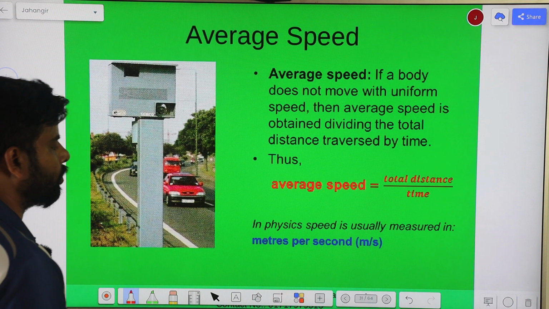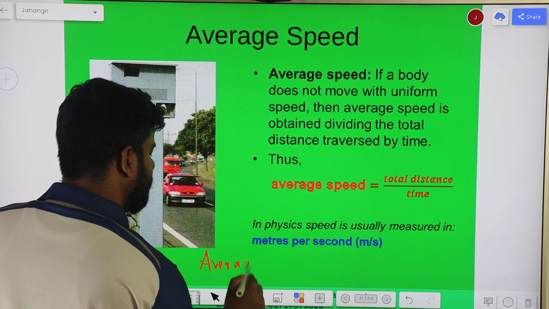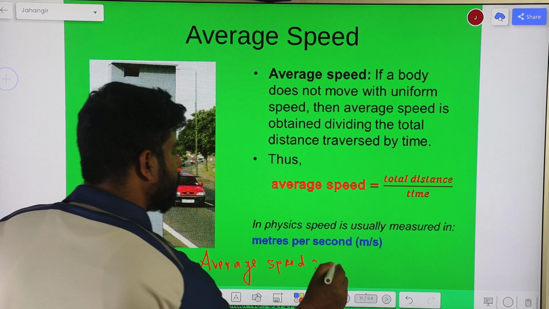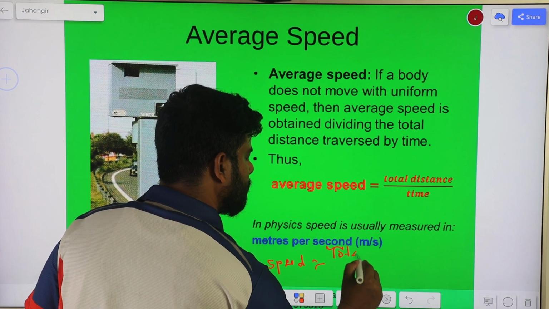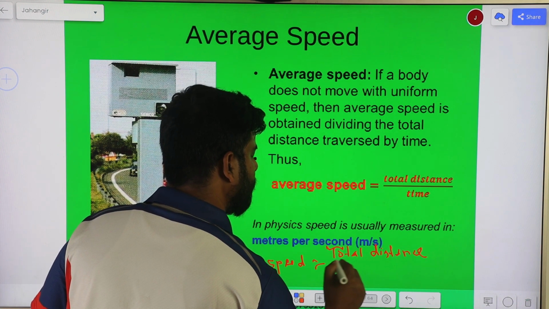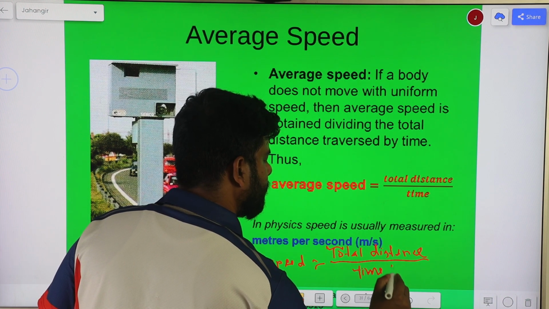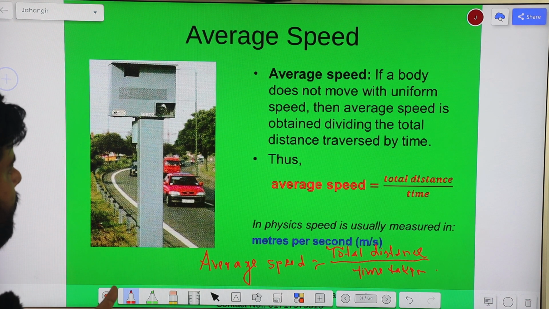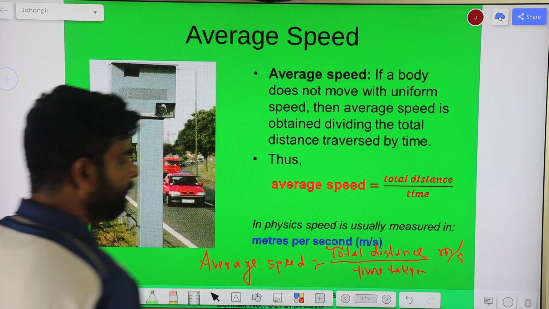So remember, average speed equals total distance by total time. The unit is meter per second, same.